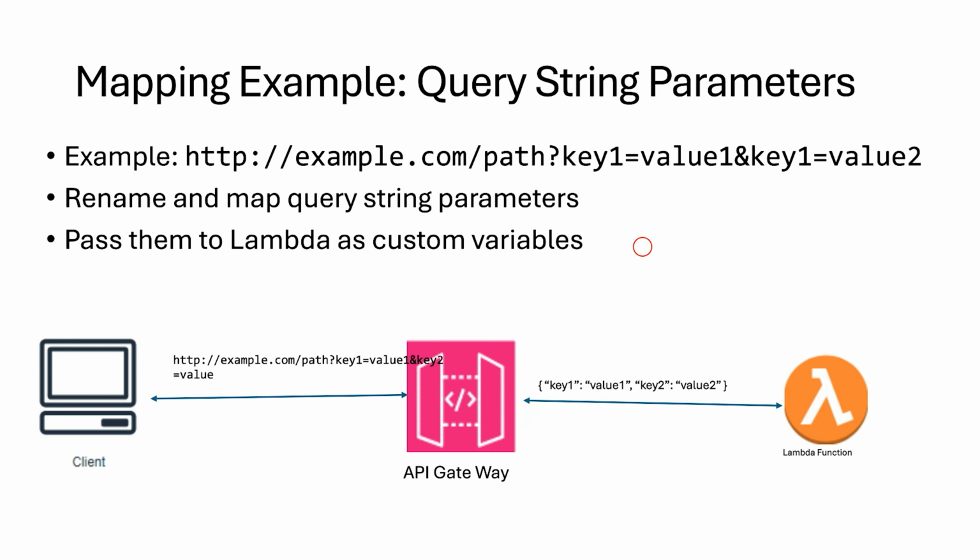So in conclusion, understanding these integration types and how to effectively use mapping templates can greatly enhance the flexibility and power of your APIs. Whether you are testing with the mock integration, interfacing with AWS services, or simply passing through the request with HTTP proxy, API Gateway provides all the tools that you need.